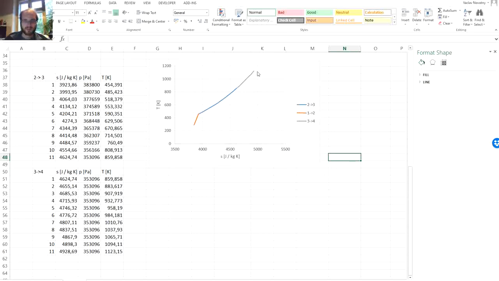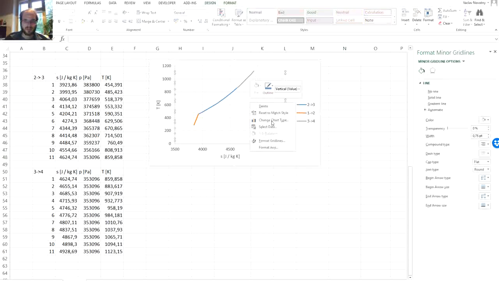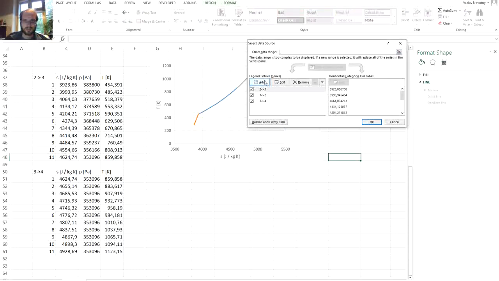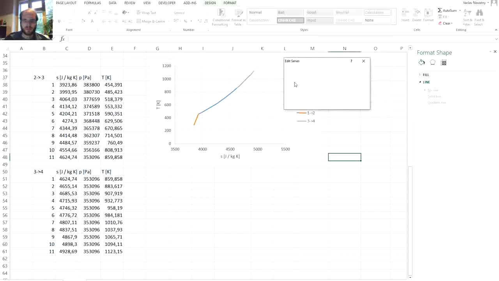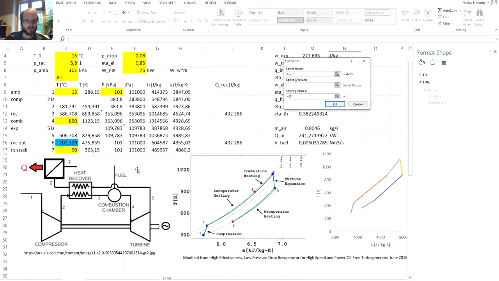And now we have the entire heating part. Now follows the expansion, which will be done in the same manner as in the simplified diagram. So now it's 4 to 5. So entropy in 4, entropy in 5, temperature in node 4 and node 5.